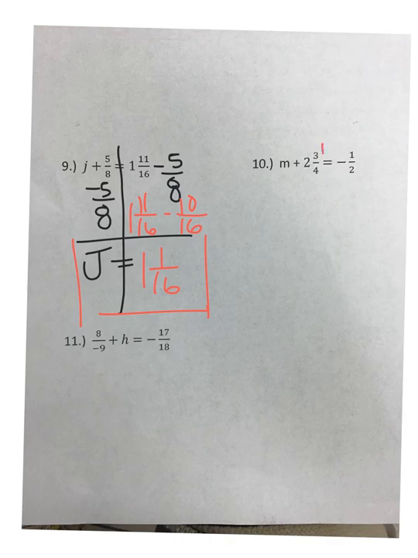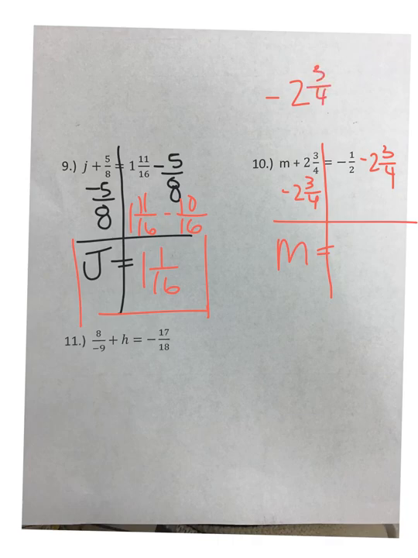For number 10, you would subtract 2 and 3/4 from both sides. That leaves you with m equals on your left side, and then you need to probably rewrite the problem. -2 and 3/4, and make common denominators. You'd multiply 1/2 by 2 to get -2/4. Keep change means that you're going to add the two fractions together.